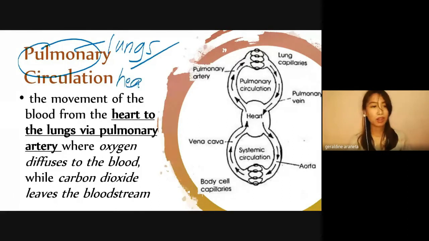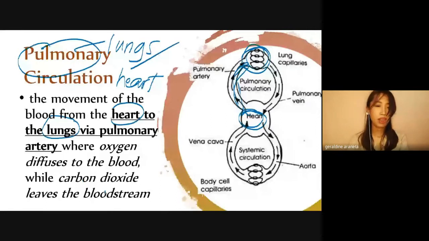So, it is the movement of the blood from the heart to the lungs via pulmonary artery. So, this is the heart. Dadaan siya ng pulmonary artery, then pupunta ng lungs, where oxygen diffuses to the blood while carbon dioxide leaves the bloodstream.